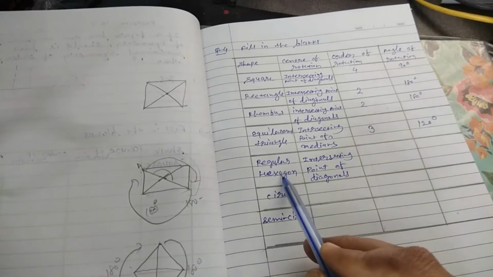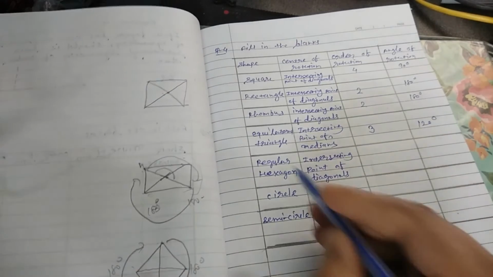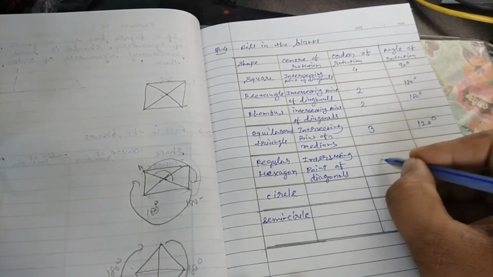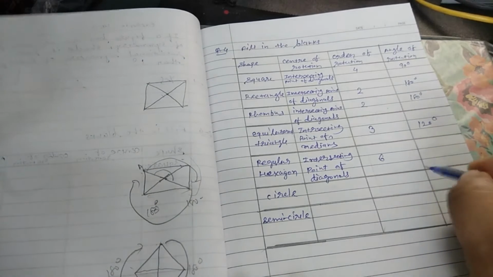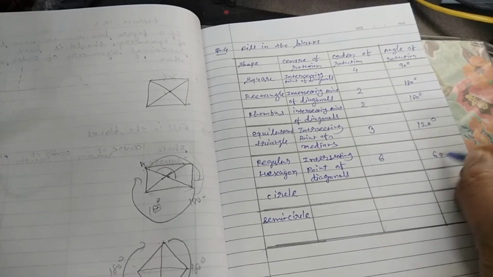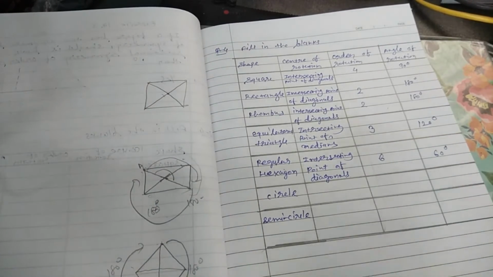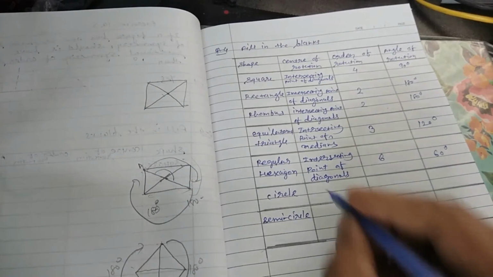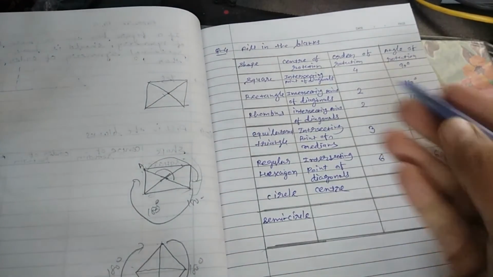So in a regular hexagon, there are 6 equal sides, and therefore the order of rotation is 6. And what is the angle of rotation? It is 360 divided by 6, which is 60.